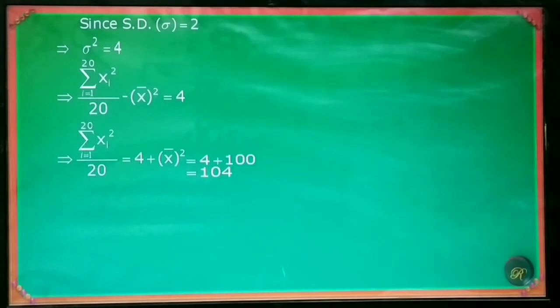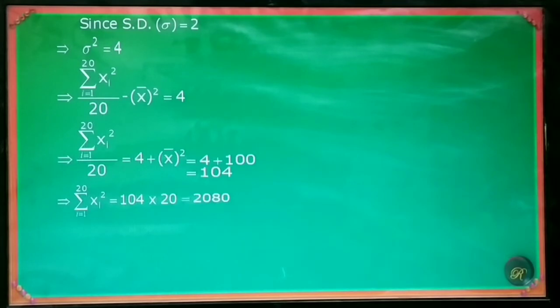Therefore, sum of squares of 20 observations is equal to 20 into 104 by cross multiplication is equal to 2080.